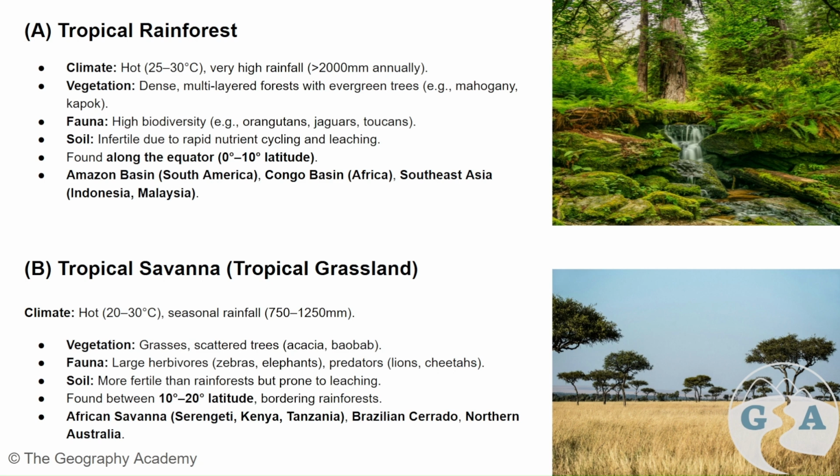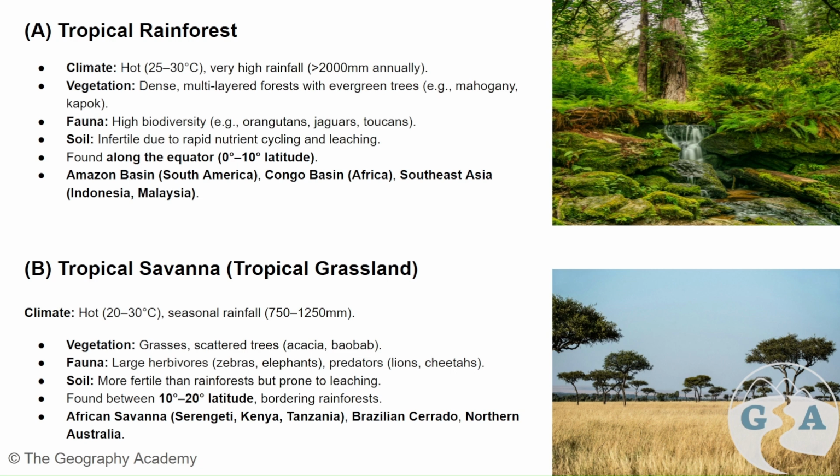The flora and fauna are in the same category, with huge biodiversity and overall biomass connected with the vegetation. Soil is generally infertile because it has a rapid nutrient cycle and leaching, where we talked about this before, the water then bringing the nutrients through the soil and removing it from the area. So it's found roughly 0 to 10 degrees in latitude, but not always. And some of the main ones mentioned there are the Amazon, Congo, and Southeast Asia.